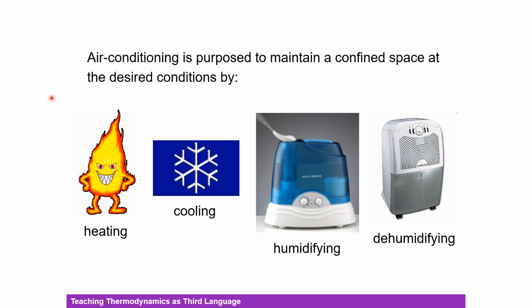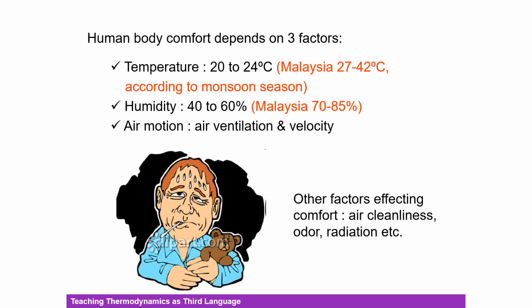So these are the four processes that you can have in order to maintain a confined space at the desired conditions. Now, human body comfort depends on these three factors. The factors are temperature, humidity, and air motion.